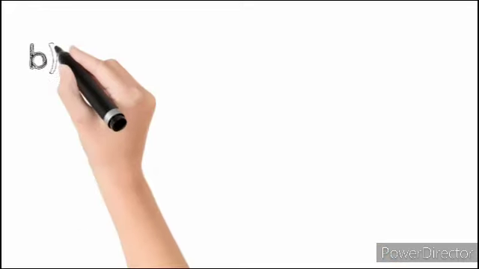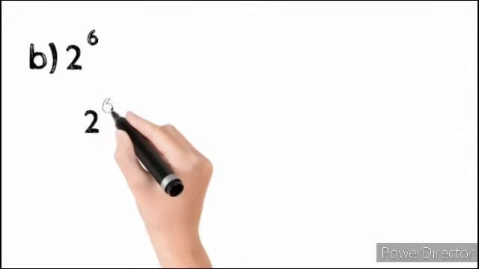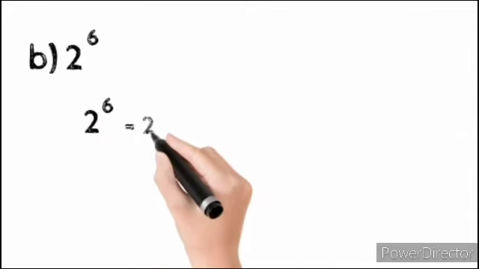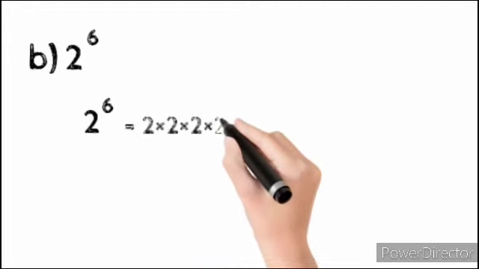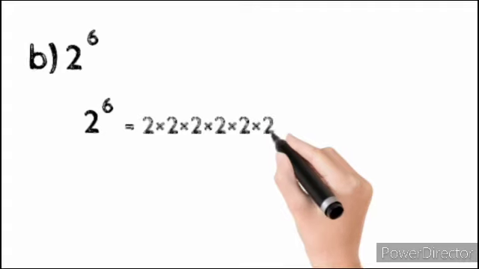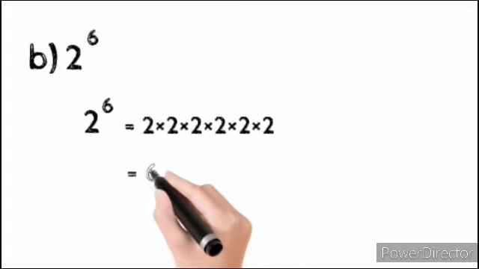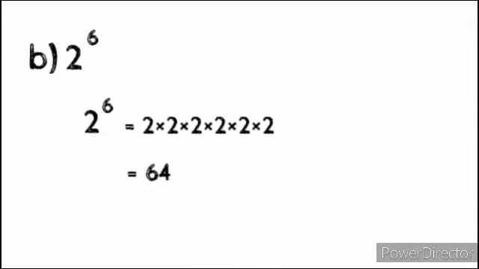All right. 2 raised to power 6 is the same as 2 times 2 times 2 times 2 times 2 times 2, which is 2 multiplying itself in 6 places, which also gives a value of 64.